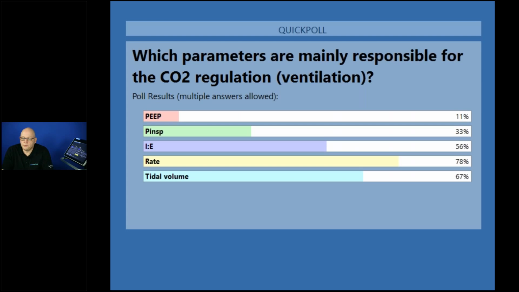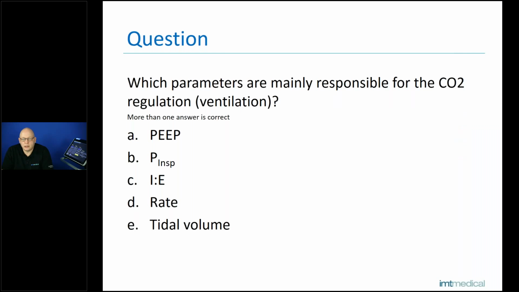Okay, so to make it more even, everyone gave every possibility a chance. PEEP 11%, inspiration pressure 33, I/E ratio 56, rate and tidal volume around 70%. PEEP and I/E ratio are mainly responsible for the oxygenation of the patient.